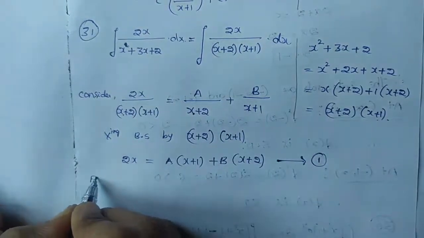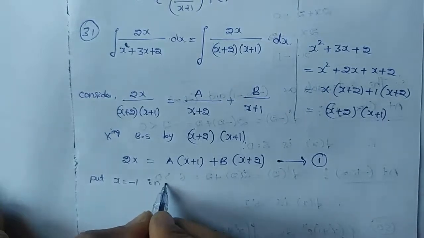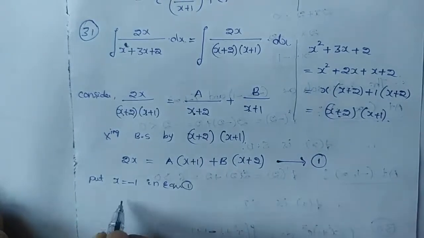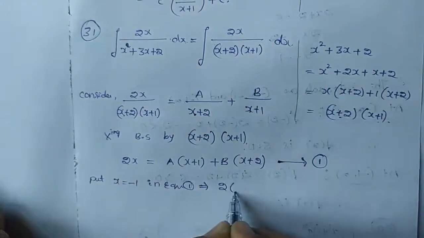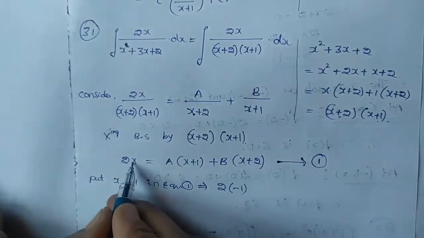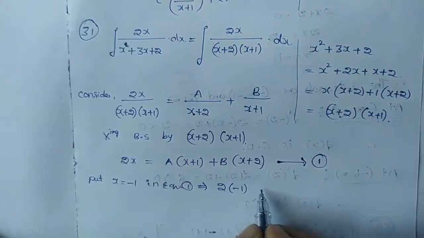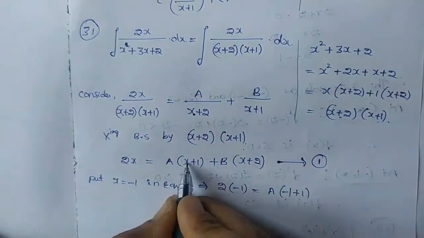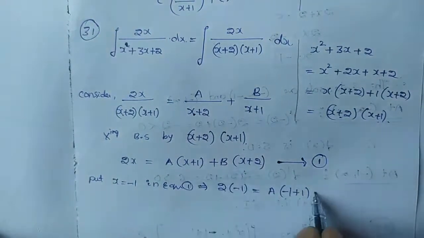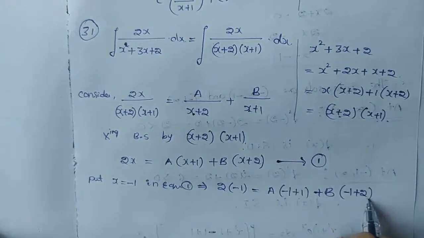So put x equal to minus 1 in equation 1. 2 into minus 1 equals A into minus 1 plus 1, plus B into minus 1 plus 2.